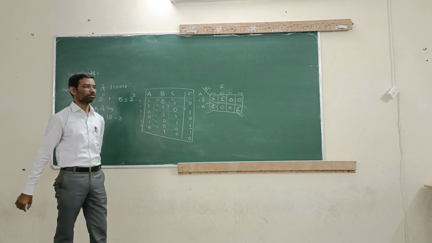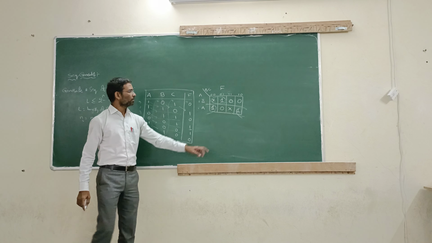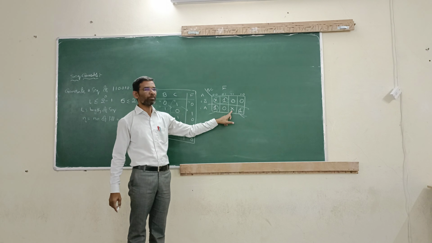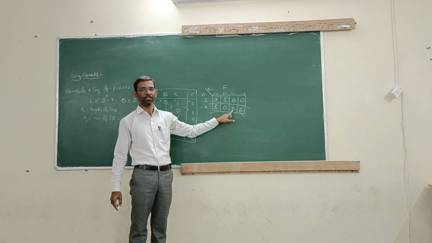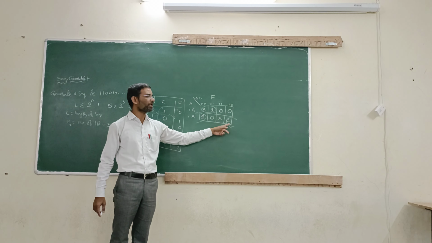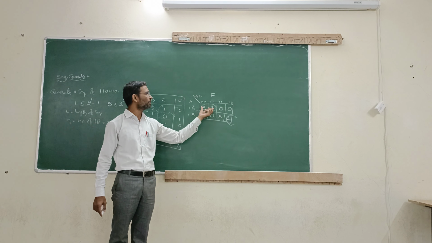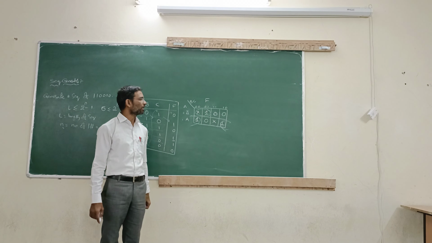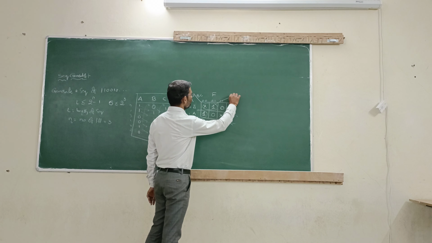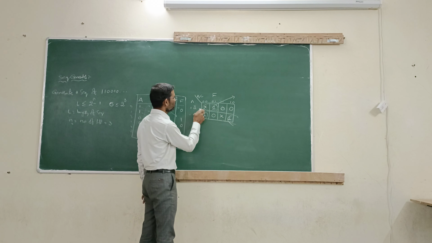So from the rules of the K map, we have to cover the minimum number of don't care conditions. So here I am using this minterm and this minterm to make one pair, and by using these two I am going to make another pair. For this, the expression is there in which row?